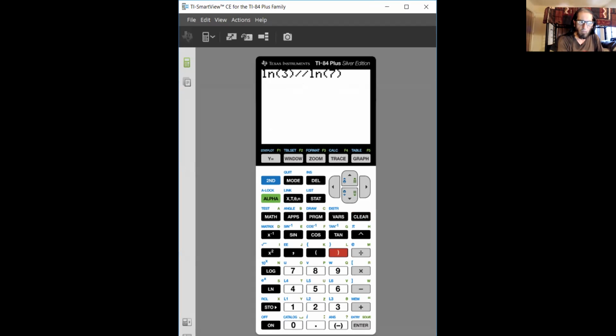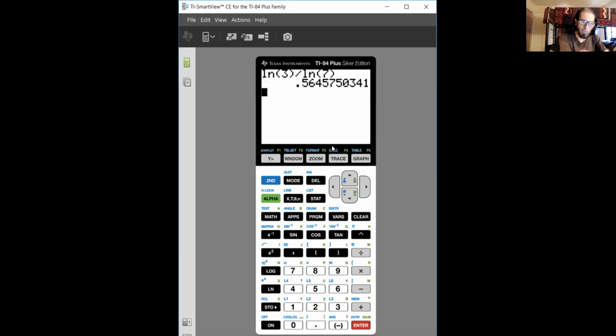What I showed previously would be an exact answer. Here's an approximate answer, which usually would either get rounded to 3 places or 4 places.